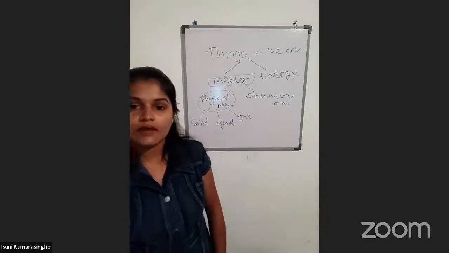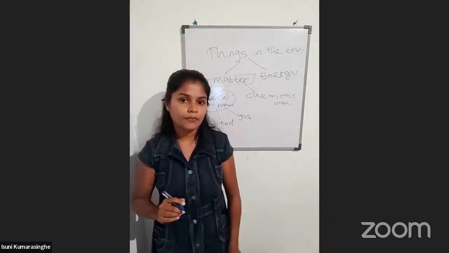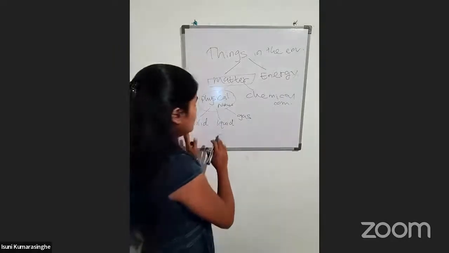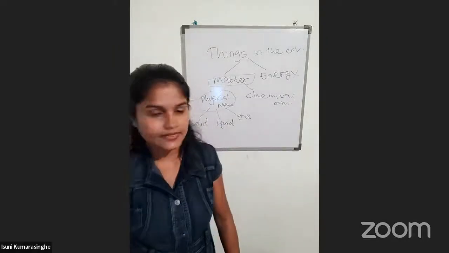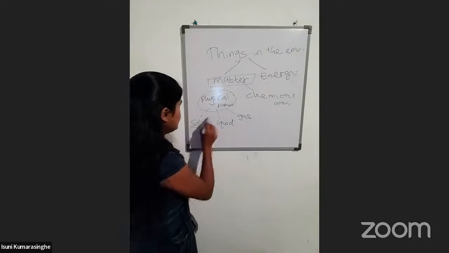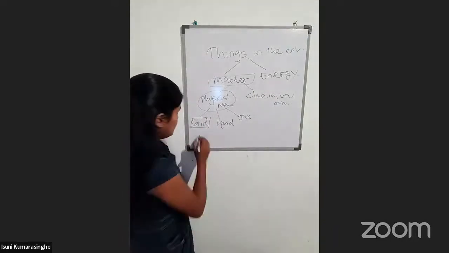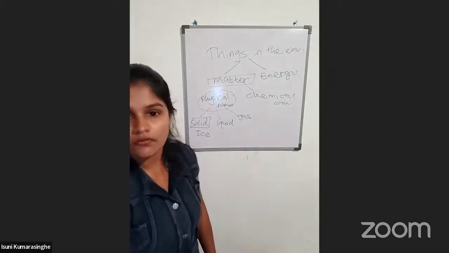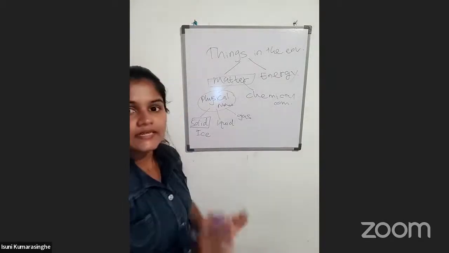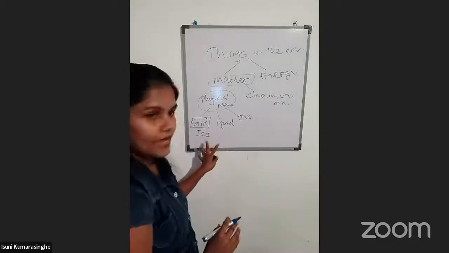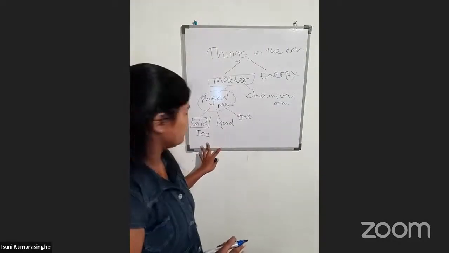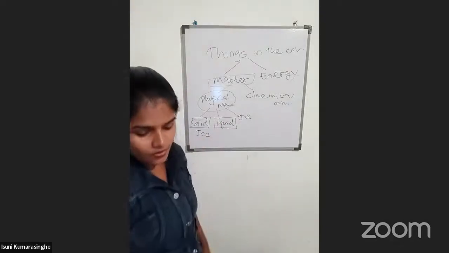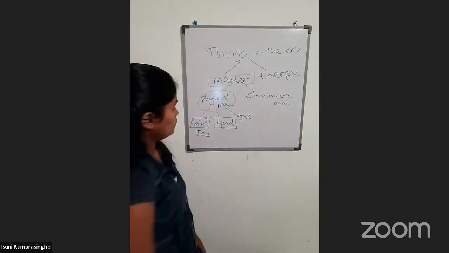Let's take the example of water. Water exists in all these three different states. In the solid state, we call it ice. In the liquid state, we call it water.